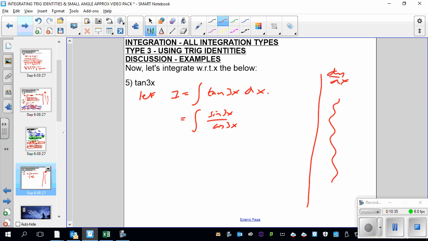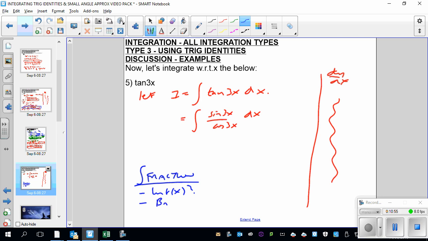Can you see? That's all I have for tan. And now we're integrating a fraction, and we should know that if we integrate a fraction, what's our first port of call? Ln f of x, yeah? And if it doesn't work, can I bring the power up?